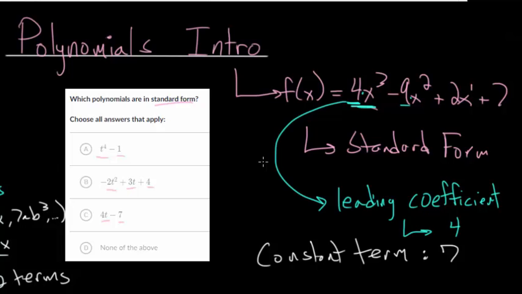So now let's jump into these problems now that we've finished going over the vocabulary. And we need to determine which of these polynomials are in standard form. So standard form, just remember, is the highest power of x first, or in this case t, and then they go in descending order. And it's okay if things are skipped. Like another example would be g of x is 9x to the 7th minus 2x plus 1.